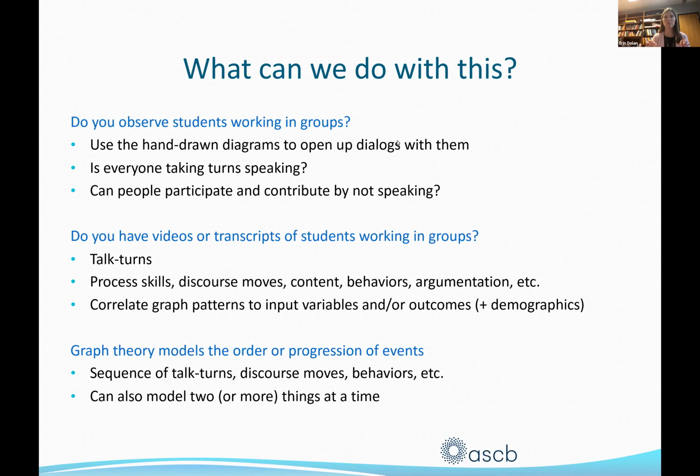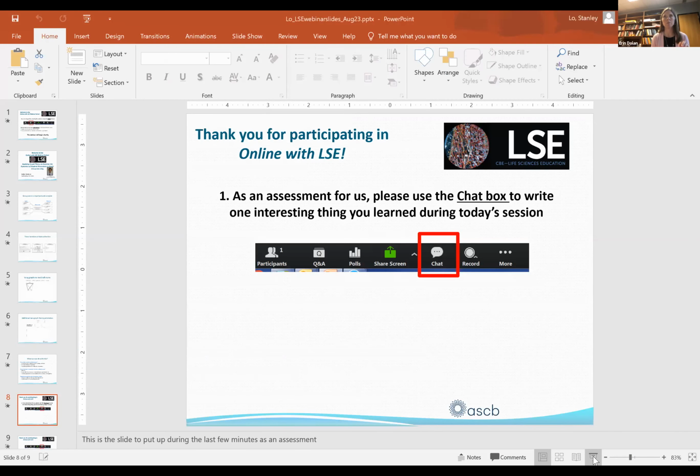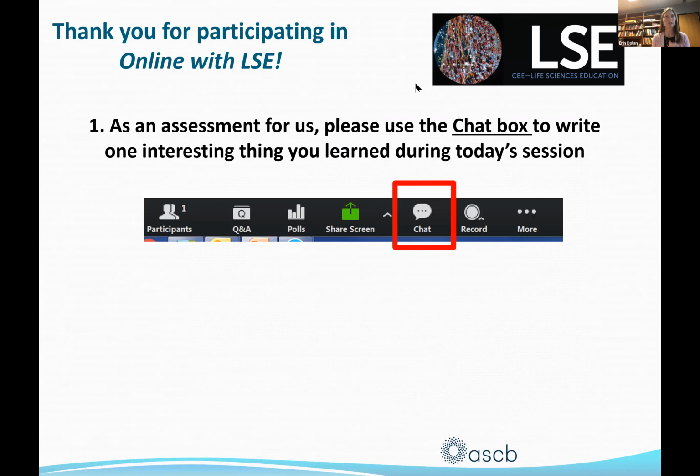Well, what I'm going to do now is ask Stanley to pull up the penultimate slide. This is a little formative assessment for us, and that is to ask you as the audience to type in the chat box, not in the Q&A, one interesting thing you learned during today's session. So take just a minute.